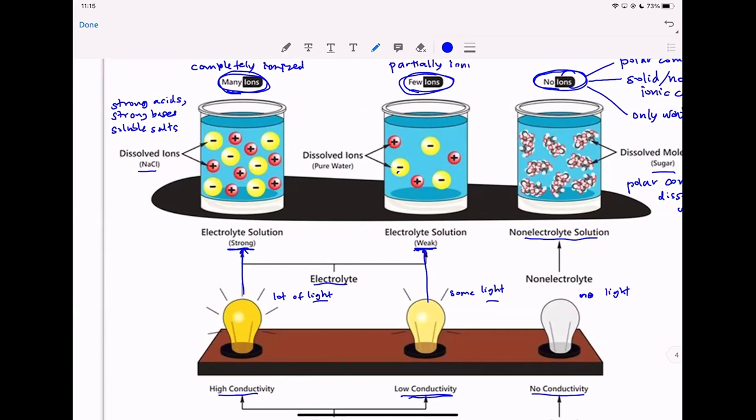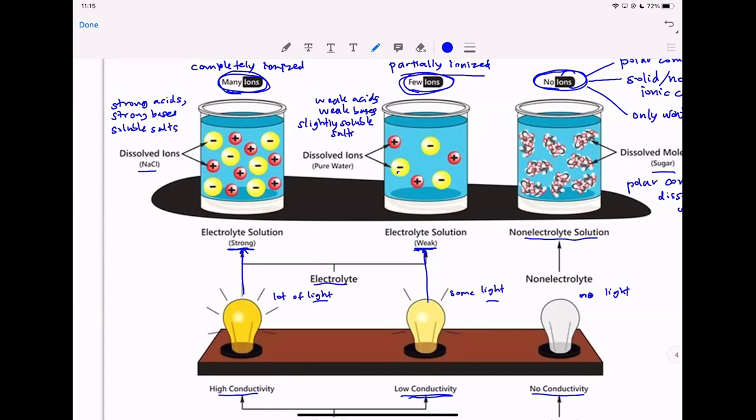Compared to that, having a few ions means it is partially ionized. Partially ionized means that you have some ions. See, there's a lot less. And those are your weak acids, your weak bases, and your slightly soluble salts. And remember, the reason you have only some ions is because there's the reverse reaction.